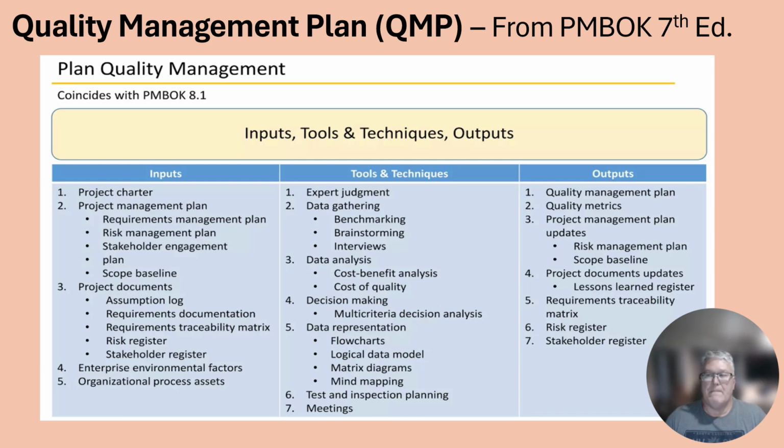According to PMBOK, here are the components of a quality management plan, and so I've thrown this on here just for reference. So it says you put in there project charter, tools and techniques for that, and then outputs, and so on and so forth.